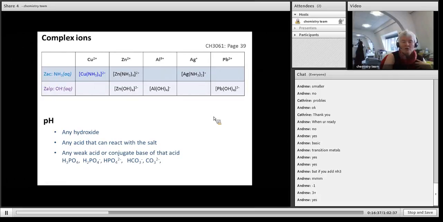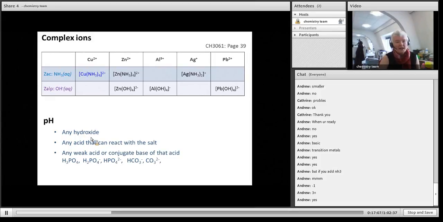Okay, right. So the last thing that'll affect the equilibria and solubility is the pH. And again, any hydroxide is affected by the pH, because if I increase the pH, I'm increasing the OH minus concentration. So it's like adding a common ion. If I'm decreasing the pH, it's like adding H plus.